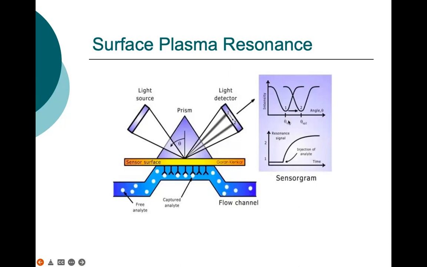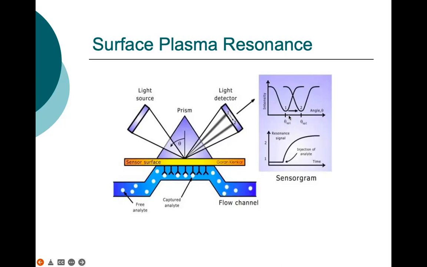So if this is the antibody that is immobilized on the SPR surface, usually a gold chip, and then let's say you just flush through samples, and if there is antigen interacting with the antibody, there will be changes in terms of the angle of refractive index just now.